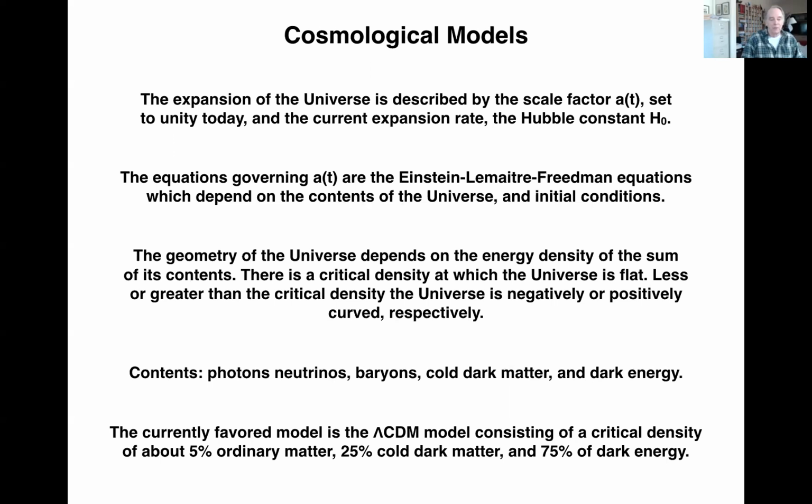These numbers aren't quite the ones that people are converging on, but they're close. Good way to remember them anyway. So most of the stuff in the universe is something that we don't know much about. We only know much about that 5%.